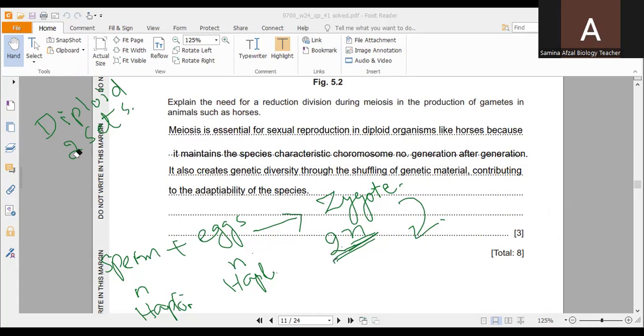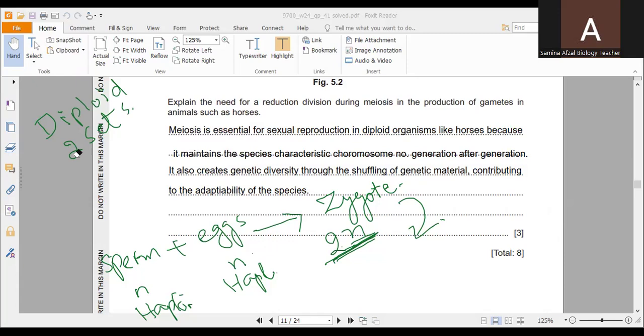So the zygote must have the 2n number of chromosomes. But if the gametes already have the diploid number of chromosomes, there will be problems because the chromosome number of the species will not be maintained. It will be changed, so that species will not exist in any way. So it maintains the species character.